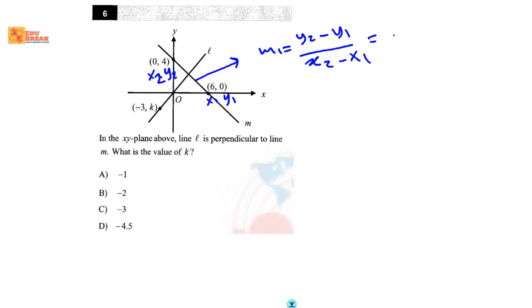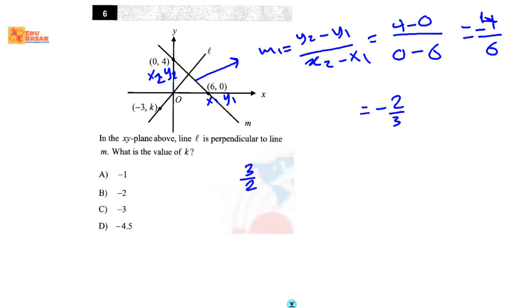So it will be y2, which equals 4 minus 0, over x2, which equals 0 minus 6. So it will be negative 4 over 6, means negative 2 over 3. It means that the slope of the second line will be 3 over 2.